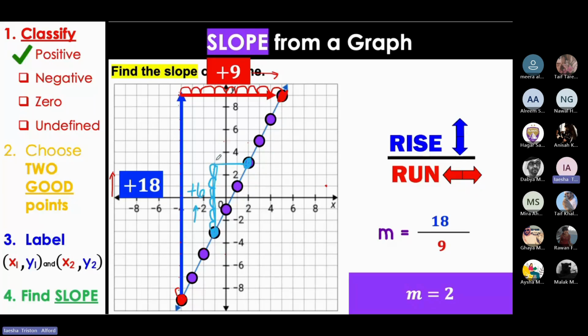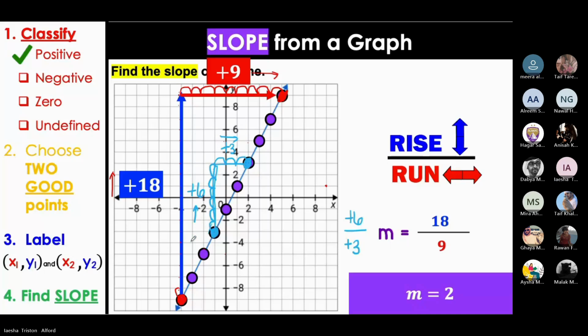The run, 1, 2, 3. Positive 3 because I went right. So a positive 6 divided by a positive 3 also makes a positive 2. So any 2 points on the line is going to get you the correct slope.